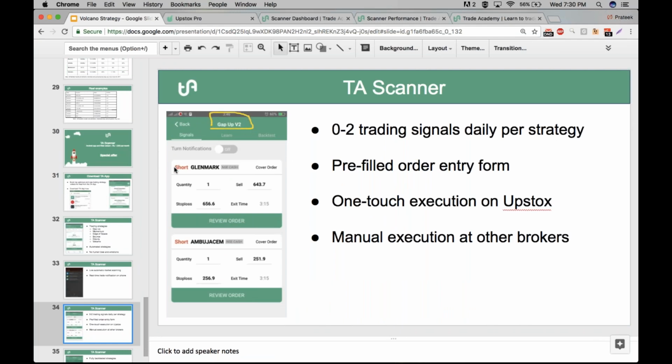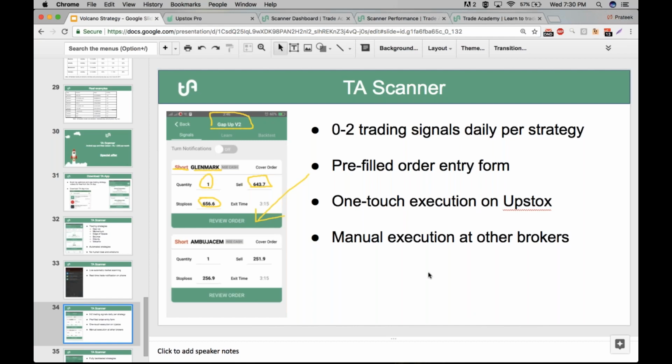You will get what you're doing, short. You'll get the name of the stock, the selling price, and the stop loss. You'll even get the quantity based on your capital. So you can define what quantity you want, and you just have to click on review. Once you click on review, the order is placed on your Upstox immediately. So you don't need to go through stocks. You don't need to do anything. You just need to open up this scanner in the day, click on review, and the trade is placed for you.